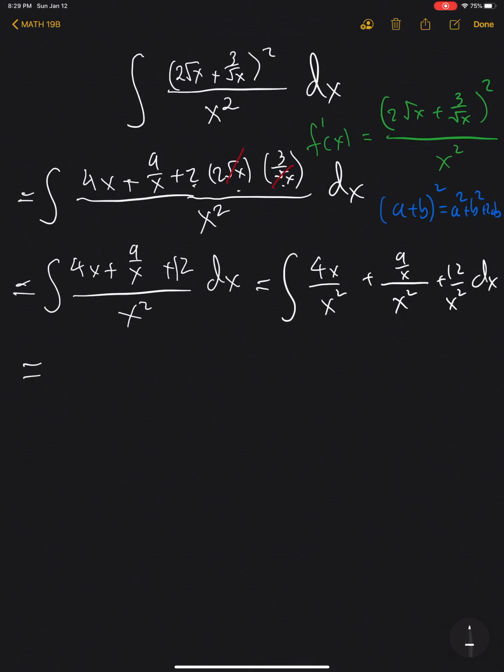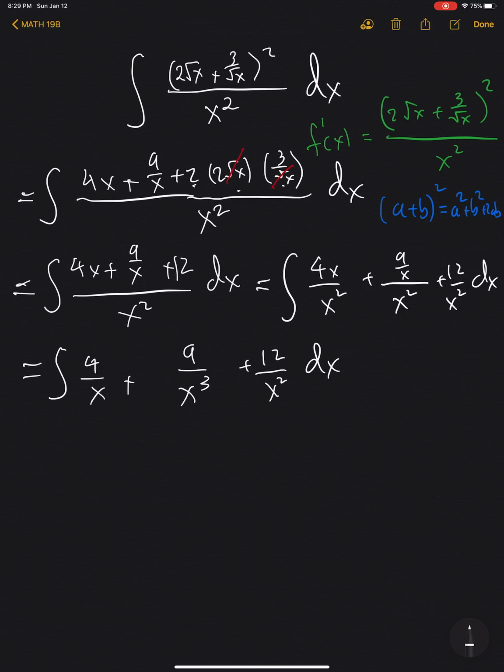The idea for doing this is that if I have individual powers of x, it's much easier to figure out the antiderivative. So this means that the first part will be 4 divided by x, just a single x, plus 9 divided by x cubed, plus 12 divided by x squared, dx.